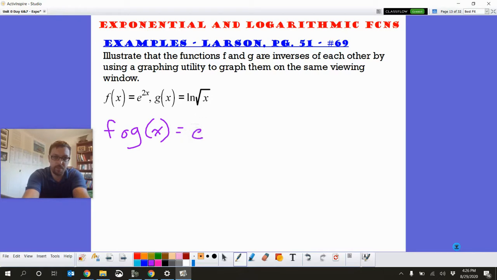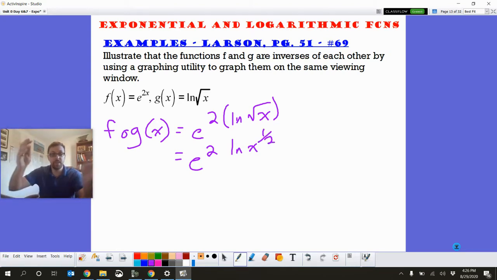So f is e to the 2x, but instead of x, we're going to do the ln of the square root of x. So a goofy thing about logarithms that you may or may not remember is that you're able to take out exponents that are inside of them: ln of x to the 1/2. So we can take that 1/2 and pull it in front of the logarithm.